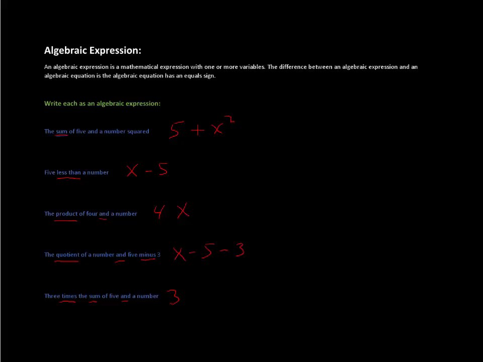So it's 3 times 5 plus a number, and we don't know what that number is. But because we want to multiply 3 times the sum of 5 and a number, we need parentheses because we have to add 5 plus x first. Then we multiply by 3 because we want to multiply 3 times the sum of 5 plus x.